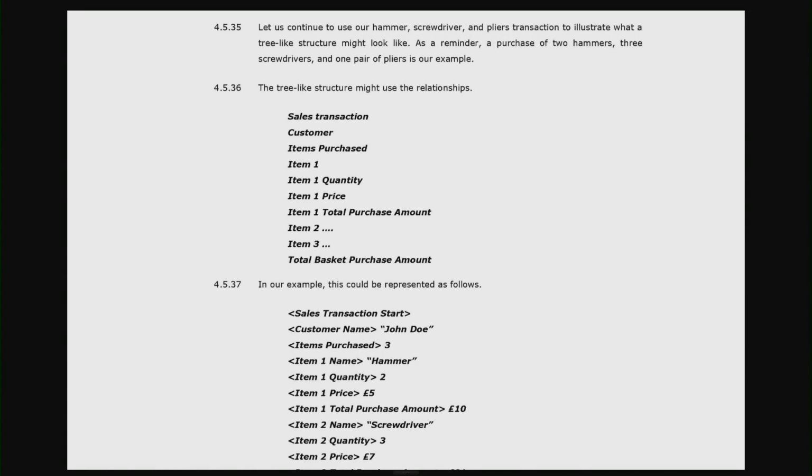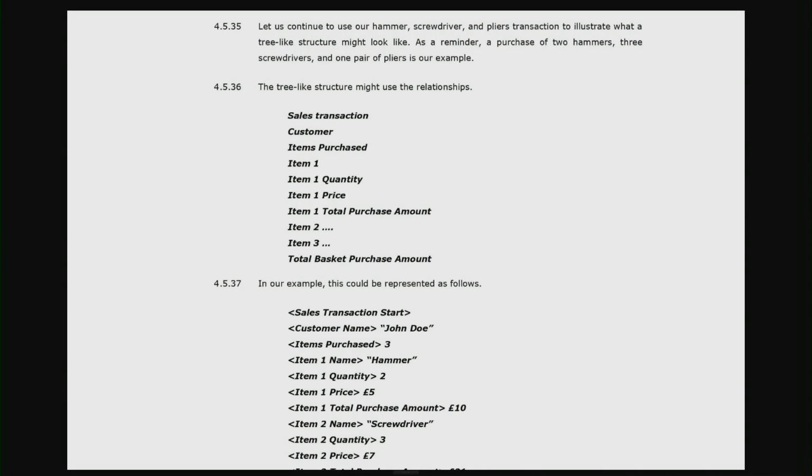Exactly. Can you talk us through 4.5.36, then, please? Yes. So you'll see that at the beginning of this structure, I'm indicating that this is a sales transaction. So it's marked there. Everyone that receives this will know that this is a sales transaction. And again, this is written in pseudocode, for humans to read rather than the machine. Exactly.